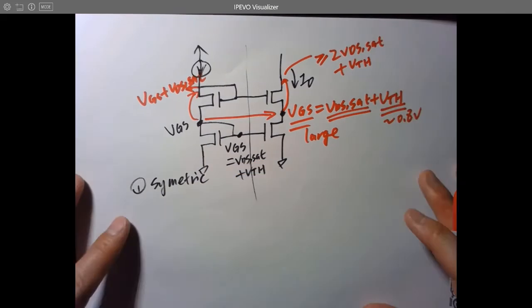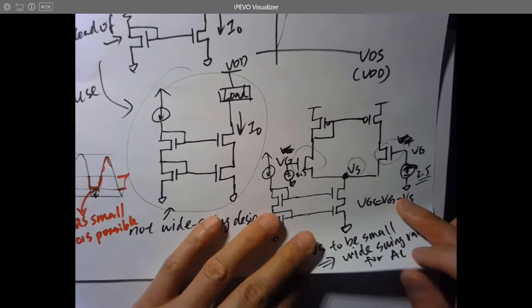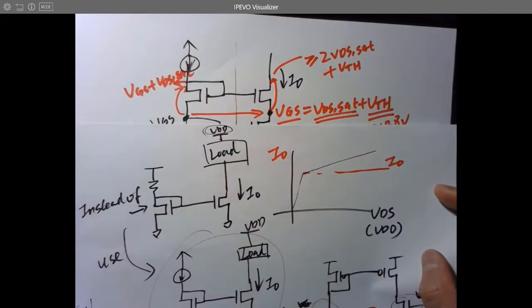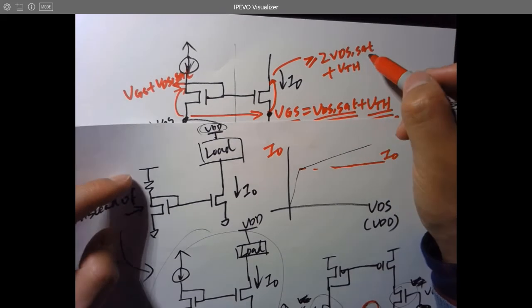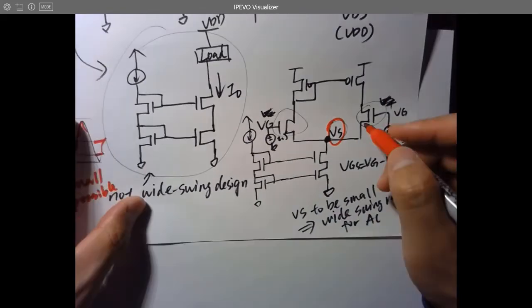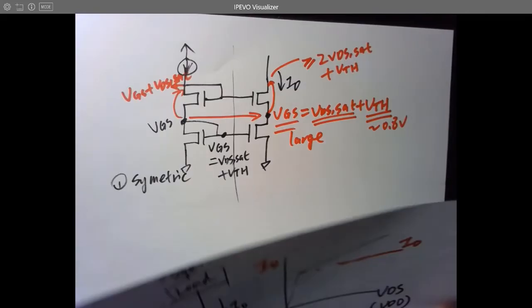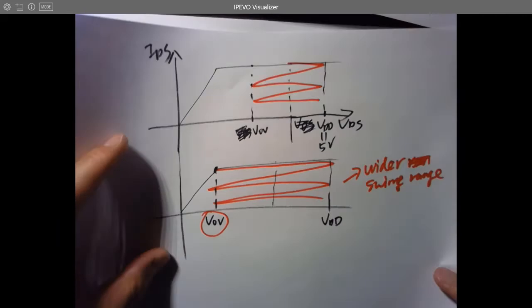That's a lot of voltage, which means if you connect this one to your op-amp over here, VS is going to be at least this voltage. So it's limiting your swing range because it's already lifting this VS to a pretty high level, which you can look at on the curve over here.